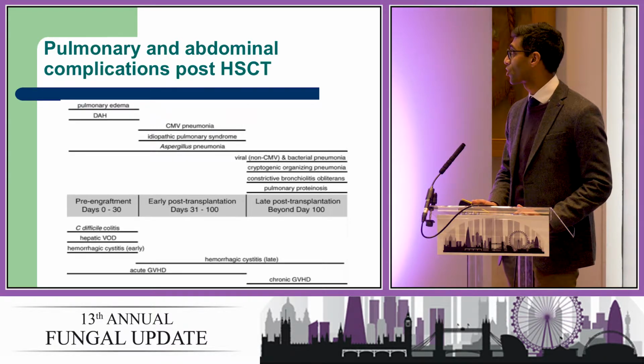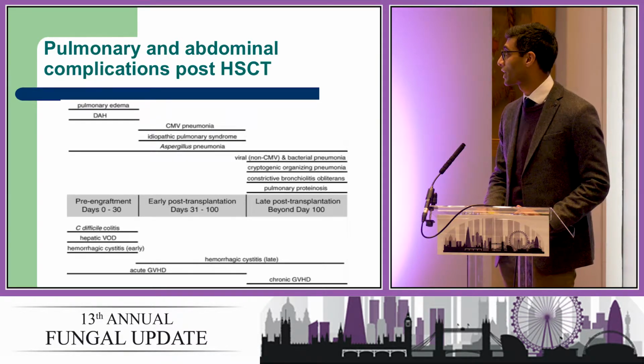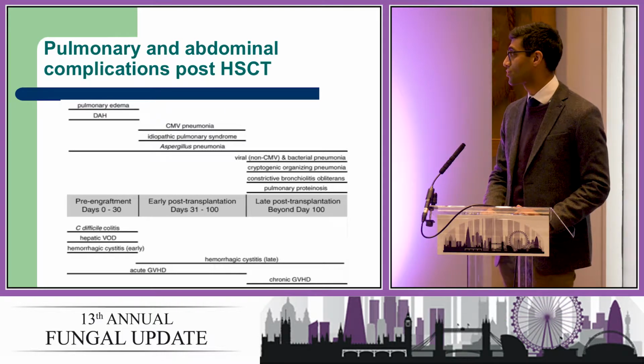Compared to the later complications post day 100, where we can get chronic graft versus host disease, which we primarily see above the diaphragm, acute graft versus host disease, although seen usually in the first 100 days, is seen below the diaphragm.